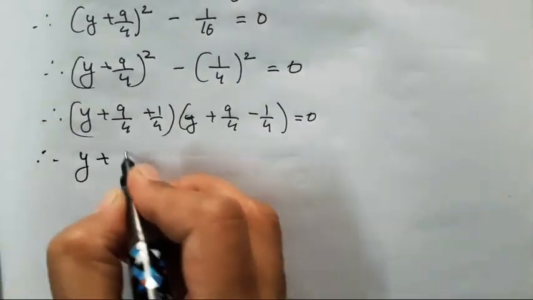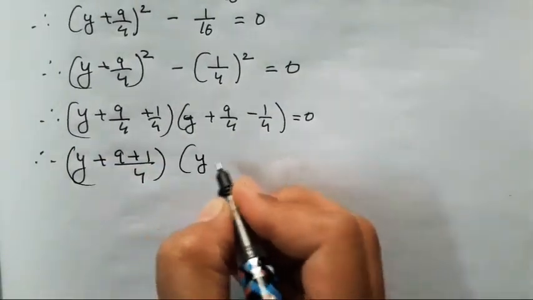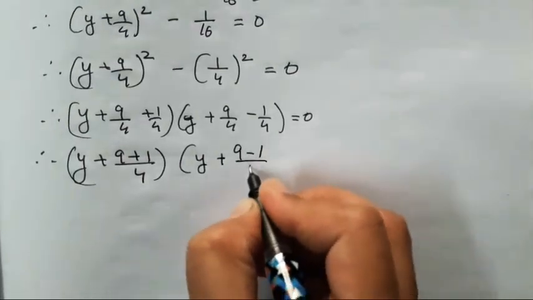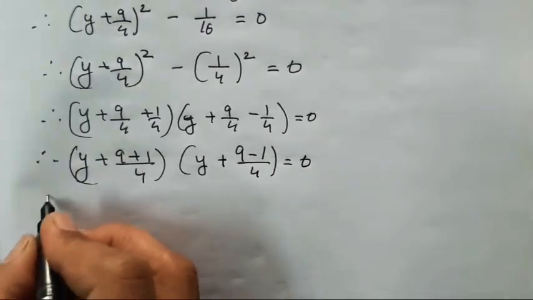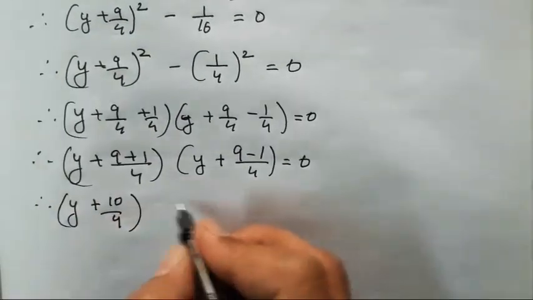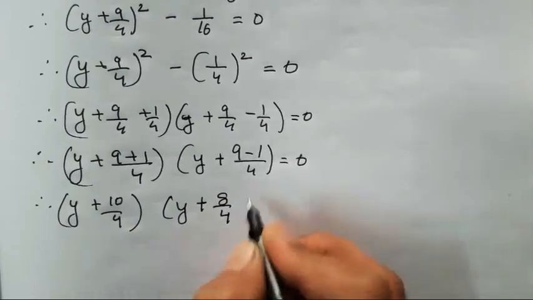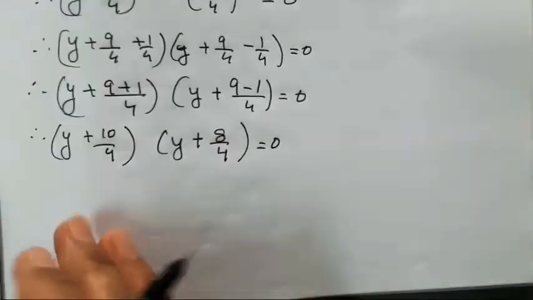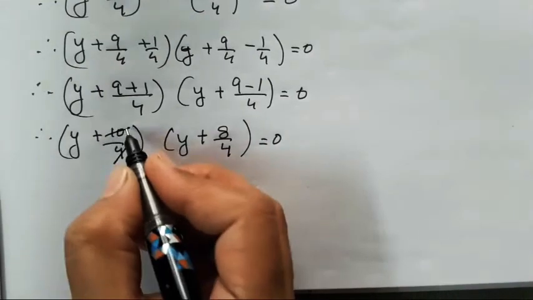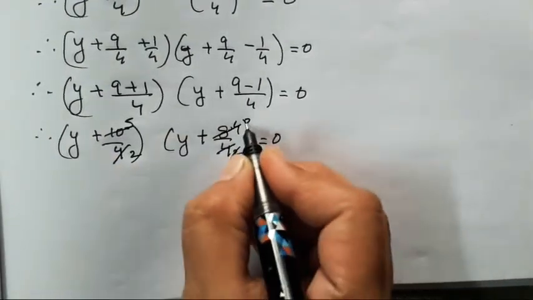Therefore y plus 9 plus 1 upon 4, once you all have to write it, and minus over here upon 4 is equal to 0. Therefore y plus 10 upon 4 and here y plus 8 upon 4 is equal to 0. Now 2 2s are 2, 5s are 2 2s are 2 4s are 2 1s are 2 2s are.